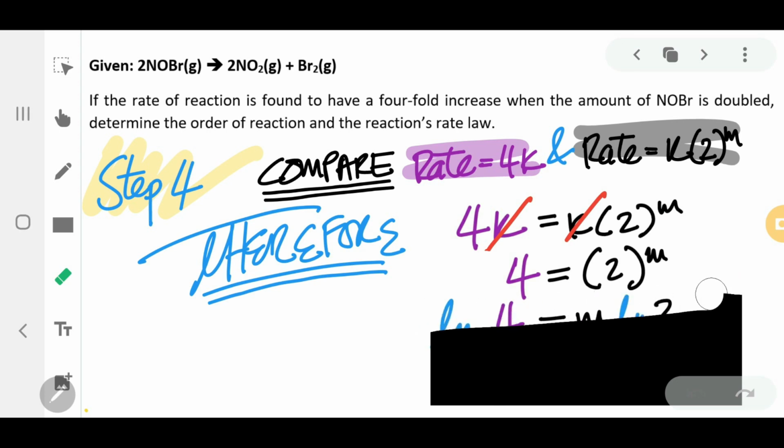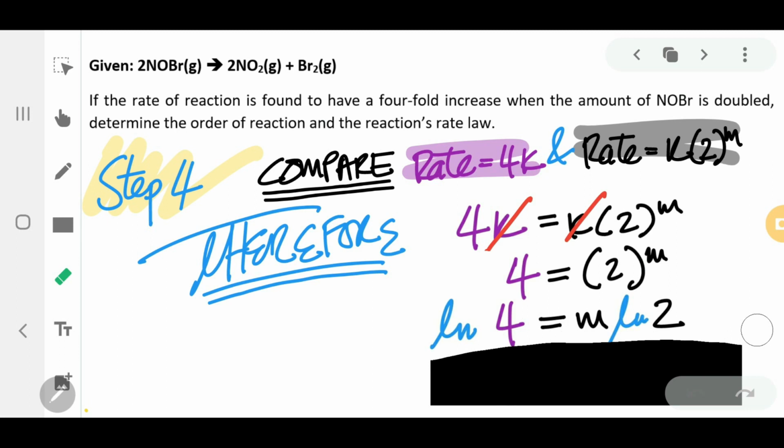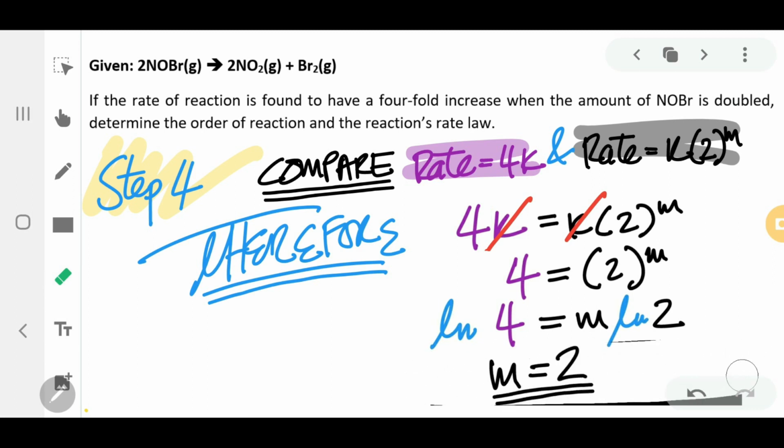And we are going to use ln. You put ln on both sides, so the power of m will go in front, and you get m equals 2. For this, you get 1 mark.